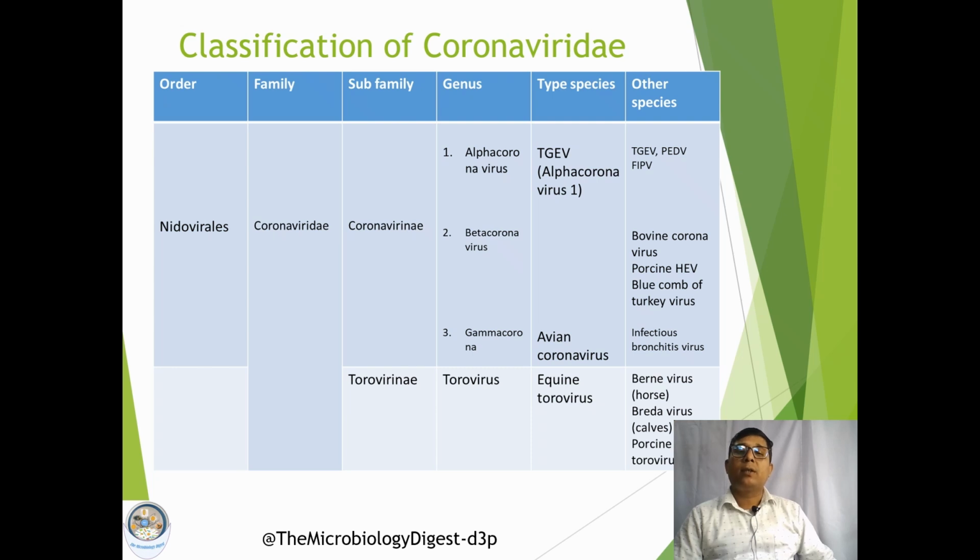Alpha coronavirus includes the type species transmissible gastroenteritis virus. Other species are listed here. Torovirus has the type species equine torovirus. It includes two important viruses: Berne virus and Breda virus.